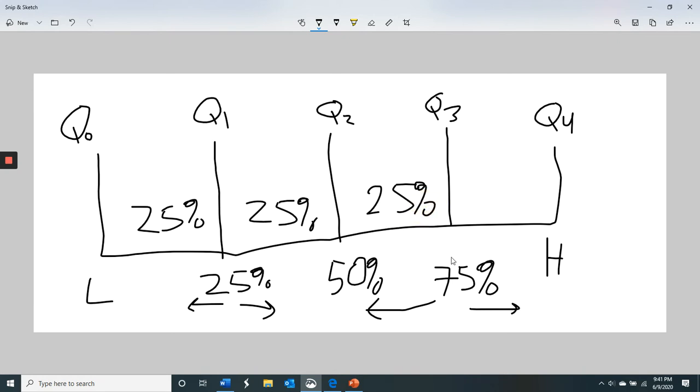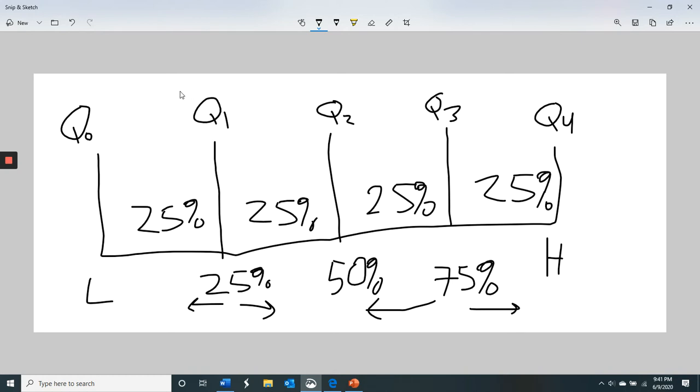So 50 plus 25 is 75. And then there's 25% of the scores between Q3 and Q4. So we've divided up our sample data into 4 equal parts with 25% of the people in each of those 4 parts.